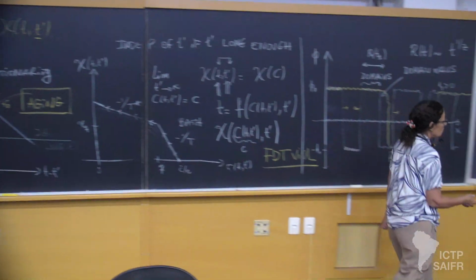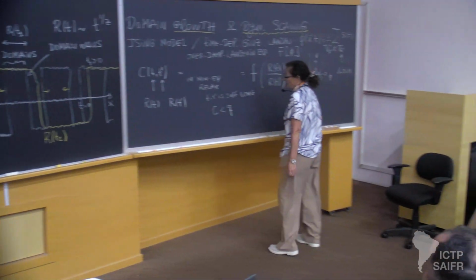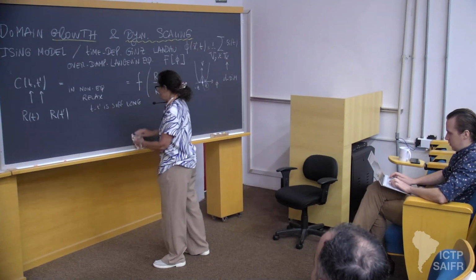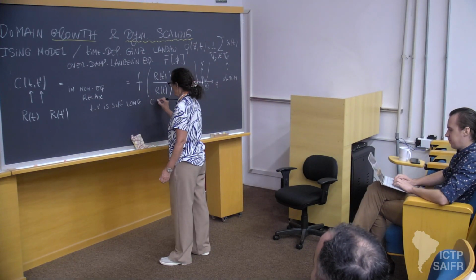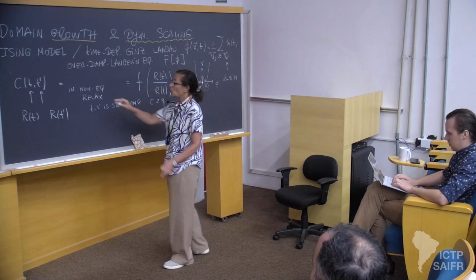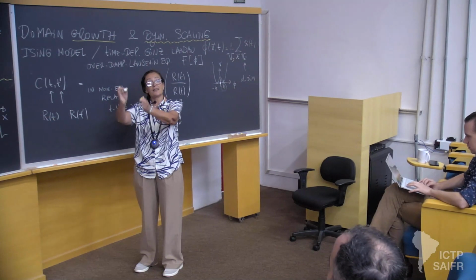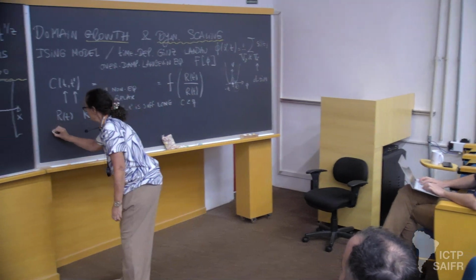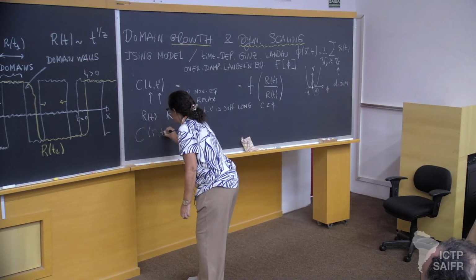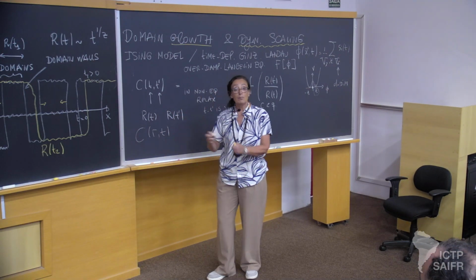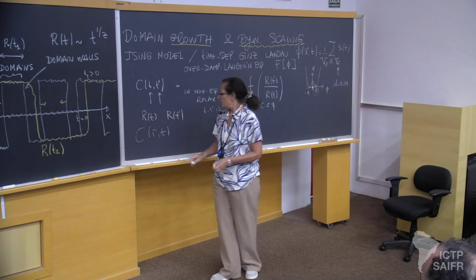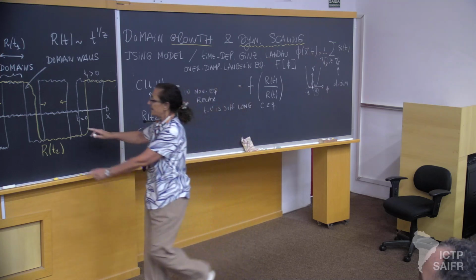You can also do another kind of measurement, which is instead of comparing configurations at different times, you can compare configurations at the same time, but at a given distance. So this little r here is like the distance.